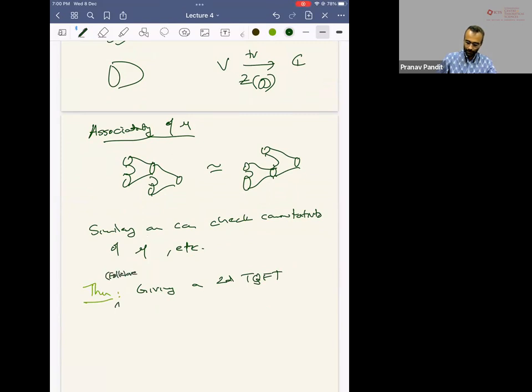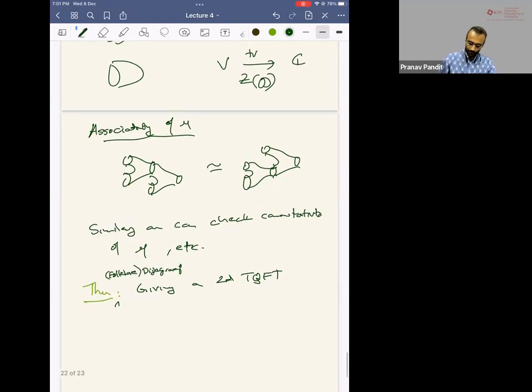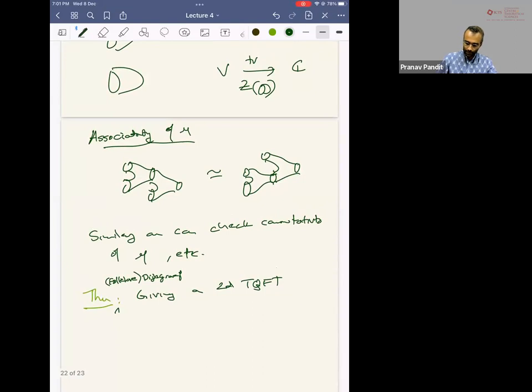It was written down, I think, by Dijkgraaf somewhere. But giving a 2D TQFT is equivalent to giving a certain kind of algebra, which is a commutative Frobenius algebra.